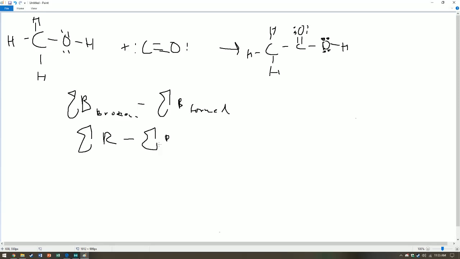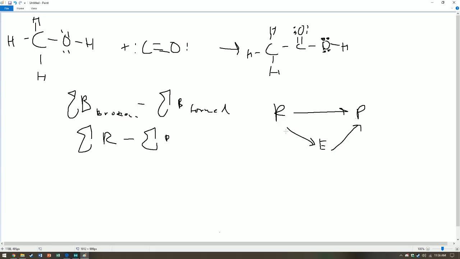Instead of going from the standard state elements to 1 mole of reactant, you are now quite literally breaking every single bond in the reactant, and then you reform them. Maybe if I draw a cycle: R, P, and E, where E is the elements.